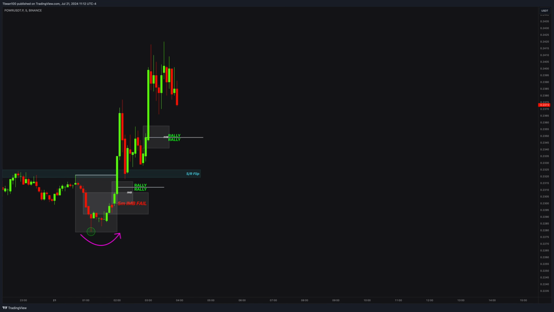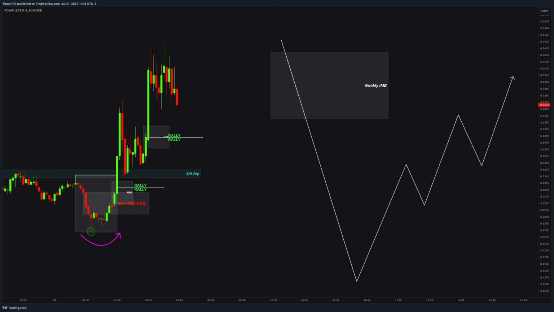So, let's do a recap. We are riding this crazy rally towards the weekly and daily imbalances. During the rally, price gets a break for fuel at a gas station and pulls back into the 1 and 2 hour imbalances.